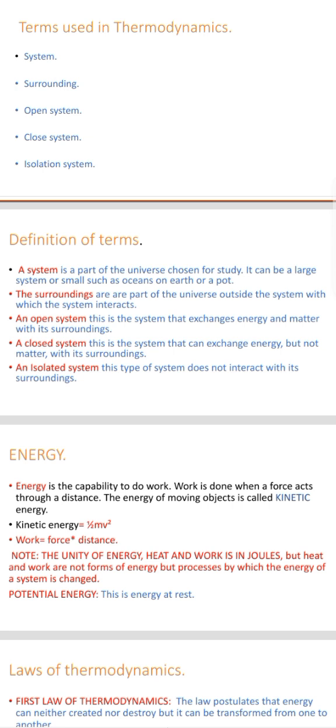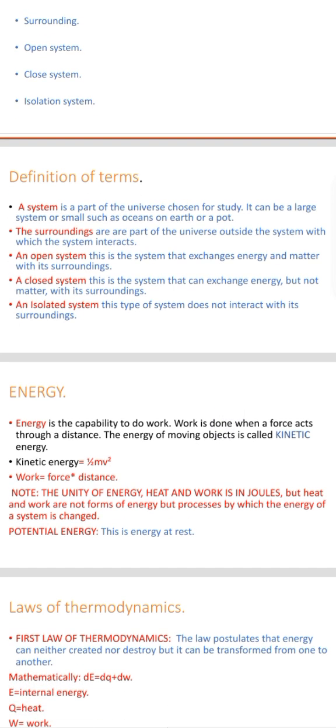That particular system is called an open system. Why? In an open system, there is exchange of two things: energy and matter. The energy will be released to the atmosphere, to the surrounding, and the matter will be coming from the surrounding to the pot, that is, to the system.